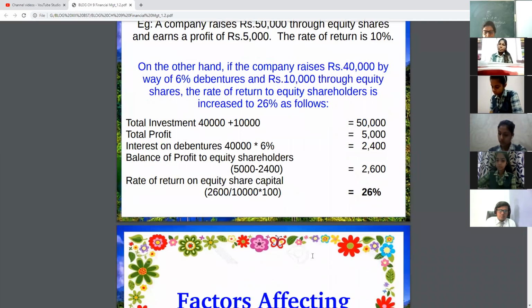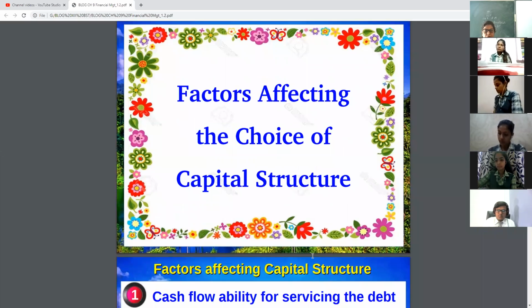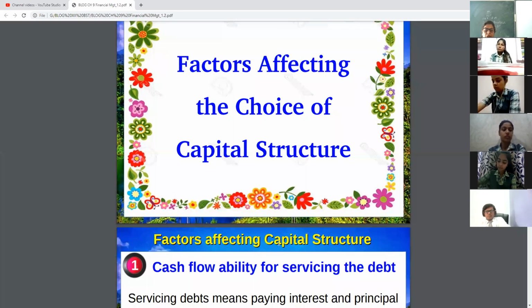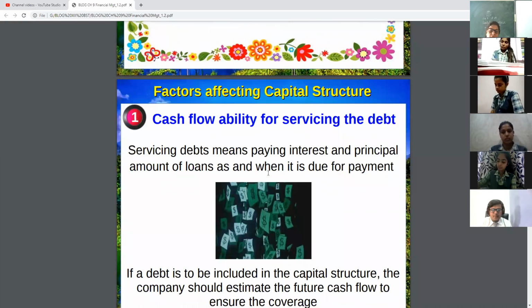Tomorrow we will do the numerical, but today the topic is factors affecting the choice of capital structure. What are the factors which affect the choice of capital structure? Will you choose debt or equity? As I told you, cash flow is the factor in all decisions generally.